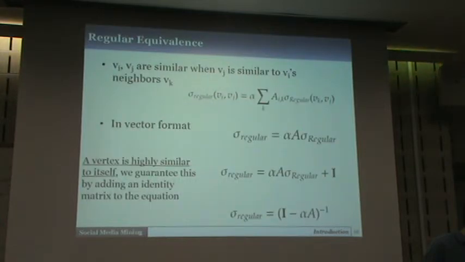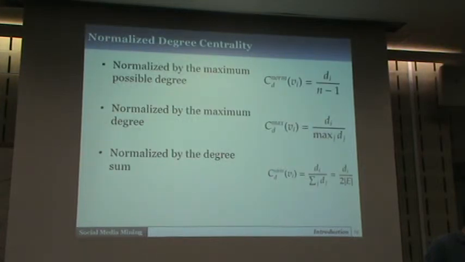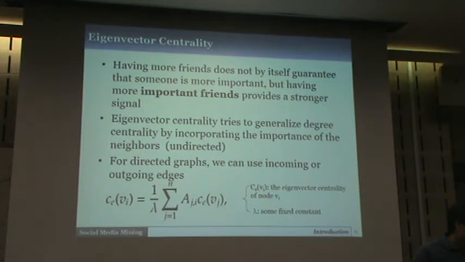I'm going to skip some parts. So this is a normalized degree centrality, which is based on the number of neighbors but normalized by the denominator; depending on the denominator, it gives a different similarity. Okay.